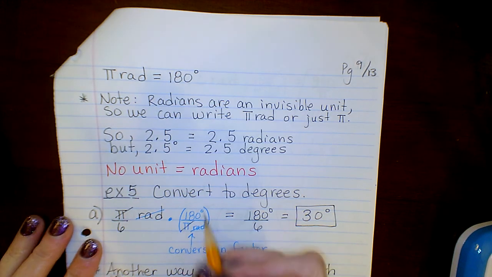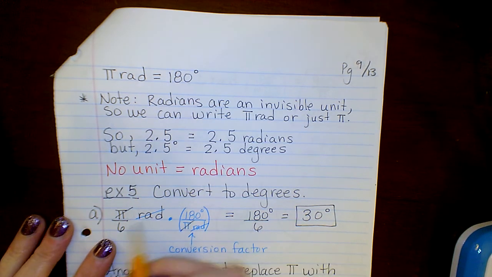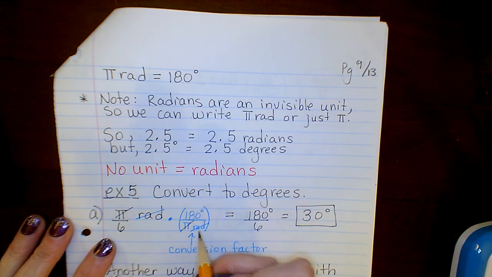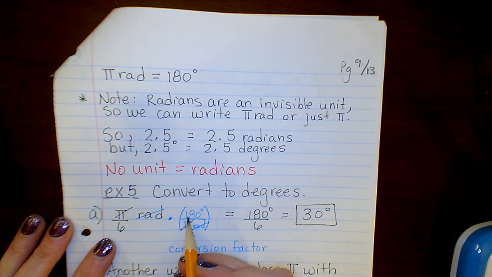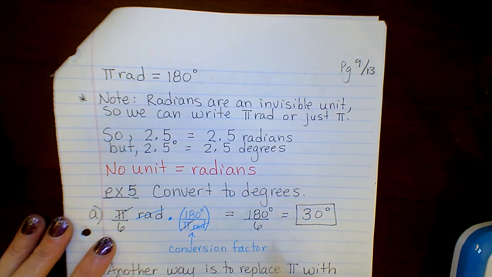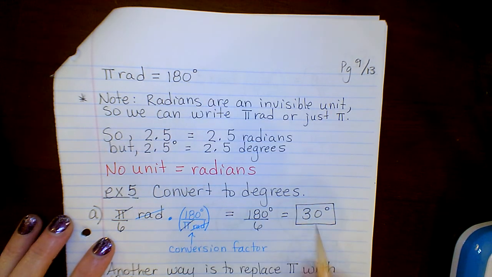So say you have pi over 6 radians. If I multiply by 180 degrees over pi radians, the radian unit will cancel. Also, the pi's will cancel, and I'll get 180 degrees on top, 6 on the bottom, which then reduces to 30 degrees.